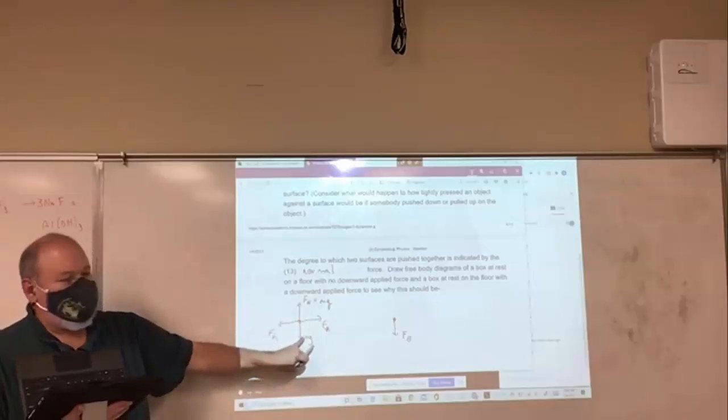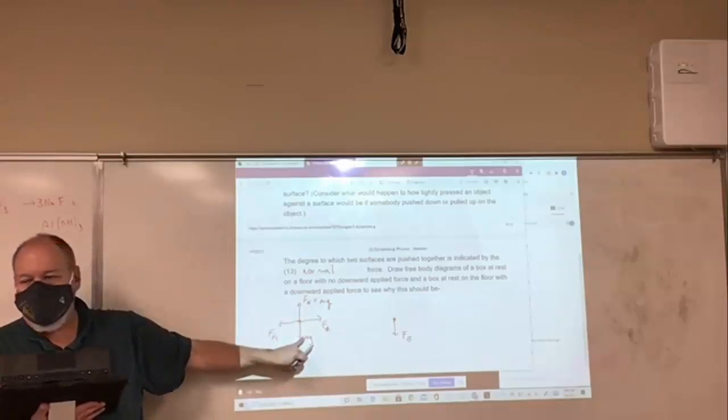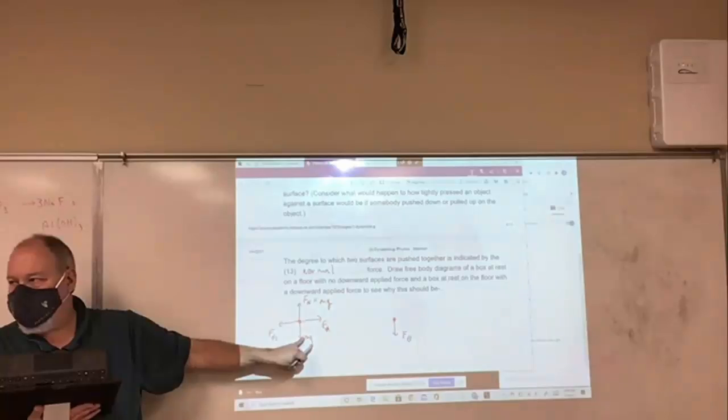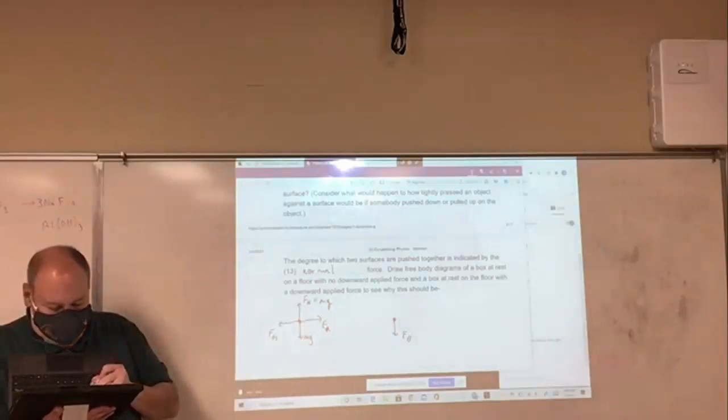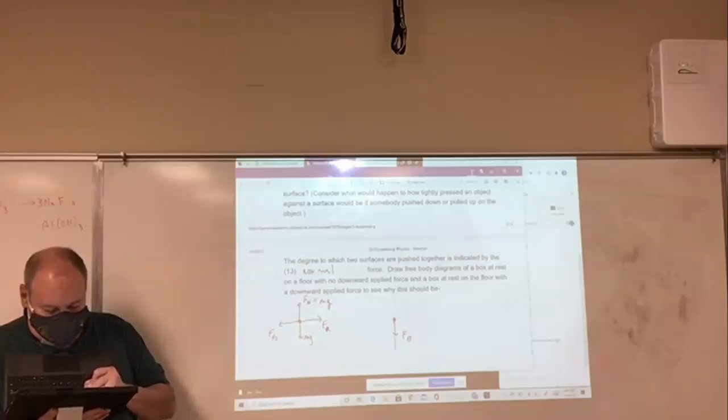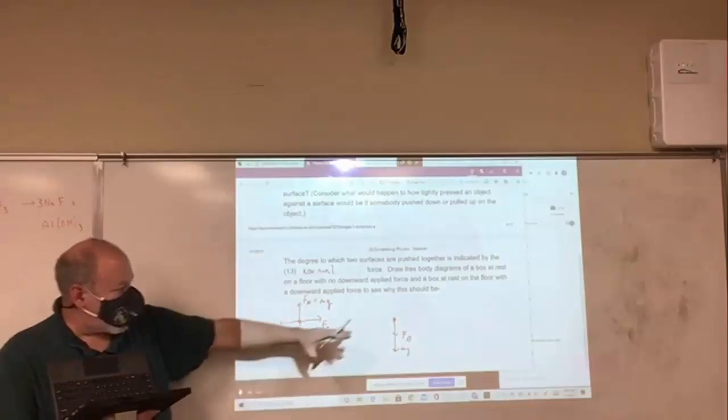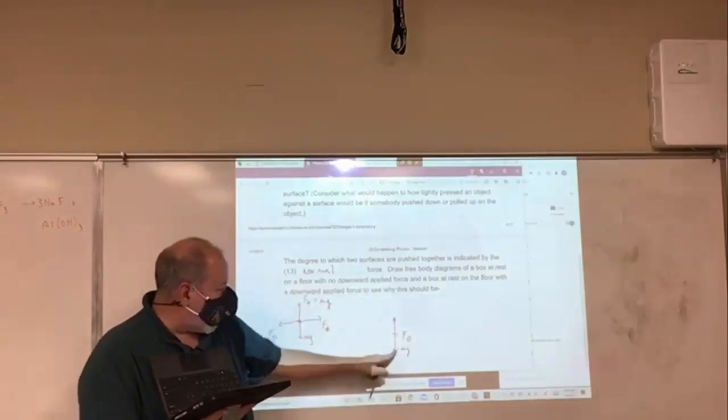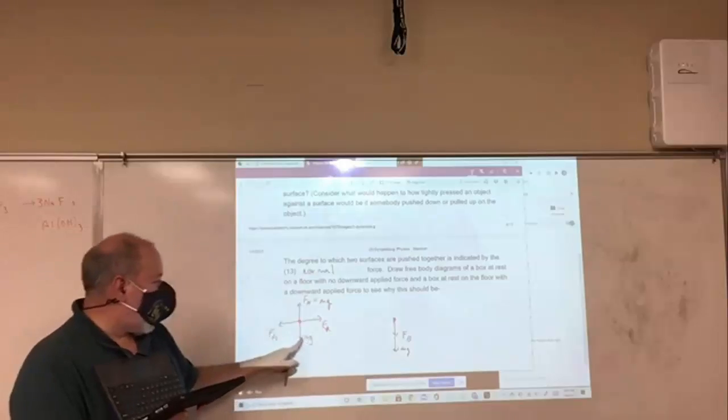Does the force due to gravity go away? Does it change? Force due to gravity doesn't change, does it? So now I've got two forces. I've got the force due to gravity and the force that I'm pushing down on the box with, and notice that I made the force due to gravity the same.